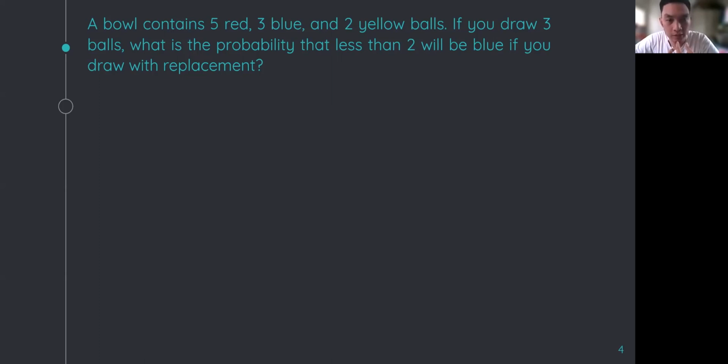A bag contains 5 red, 3 blue, and 2 yellow balls. If you draw 3 balls, what is the probability that less than 2 will be blue if you draw with replacement? So the probability that we will get here is that we will get only 1 blue ball. Since it is with replacement, we can use repeated trial probability. The formula for the repeated trial probability is: probability equals n combination r times p to the power of r times q to the power of n minus r.